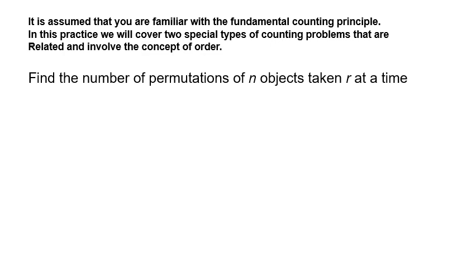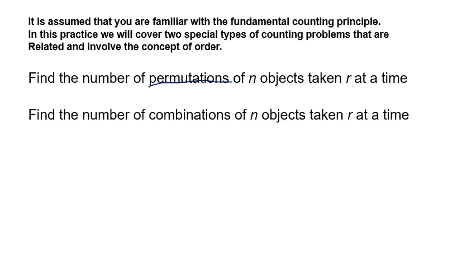One is referred to as a permutation, and a permutation of n objects taken r at a time. Permutation is associated with having order. The other is finding the number of combinations of n objects taken r at a time. Combinations involve no order. We will see in a moment what we mean by order.